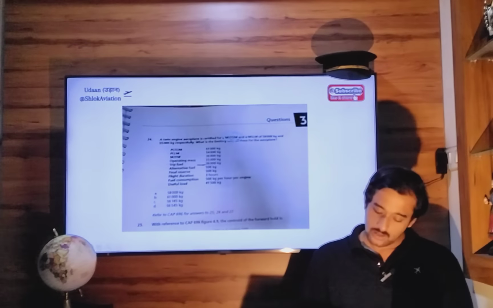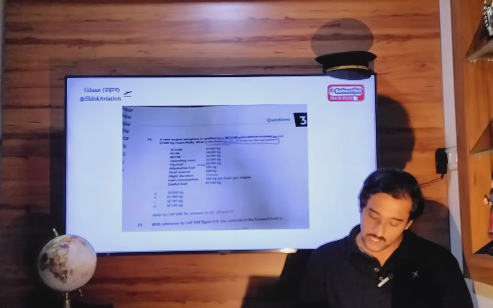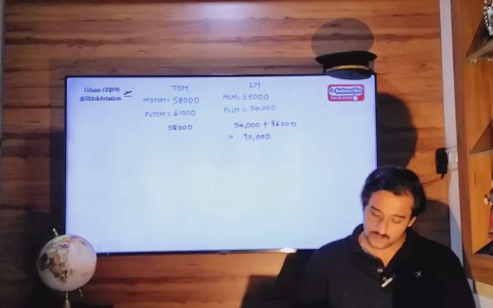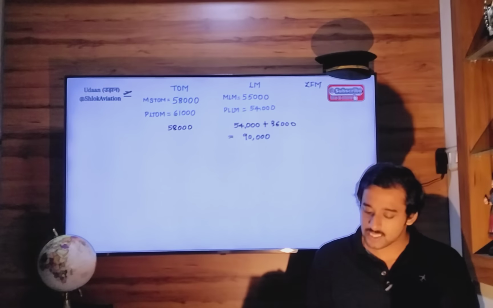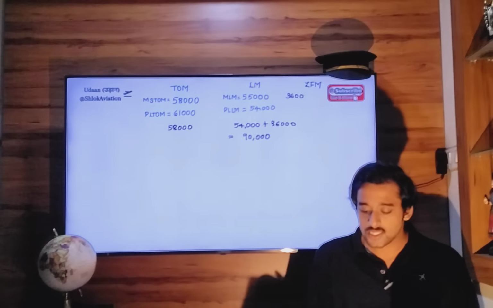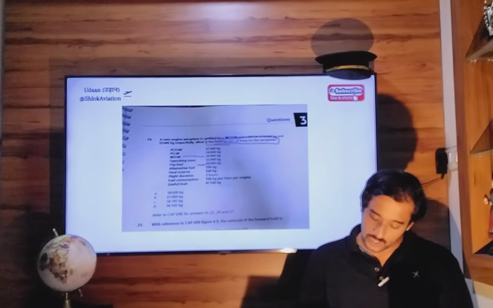Next, we have to find what is the limiting takeoff mass for the aircraft. Okay, zero fuel mass is 36,000. So make the zero fuel mass column 36,000 plus takeoff fuel. Now takeoff fuel will be made up of trip fuel, alternate fuel, reserve fuel.